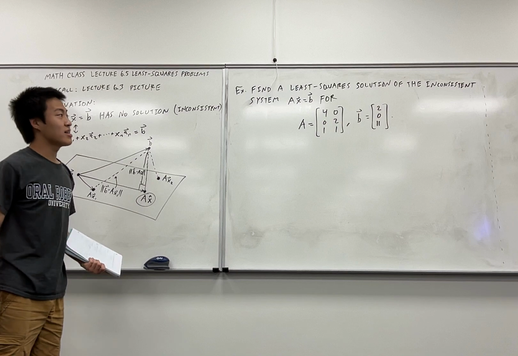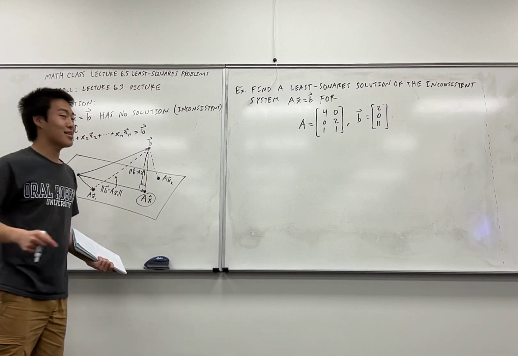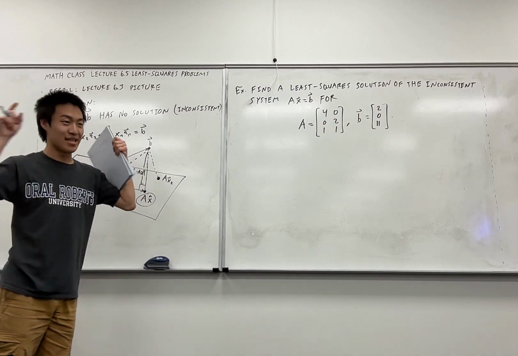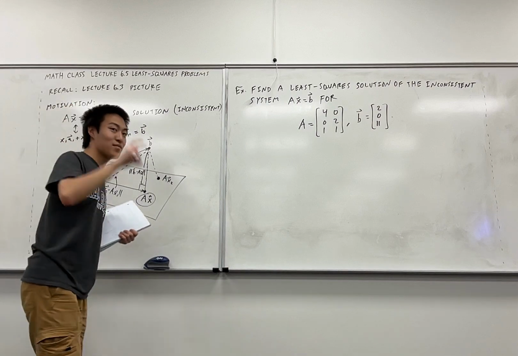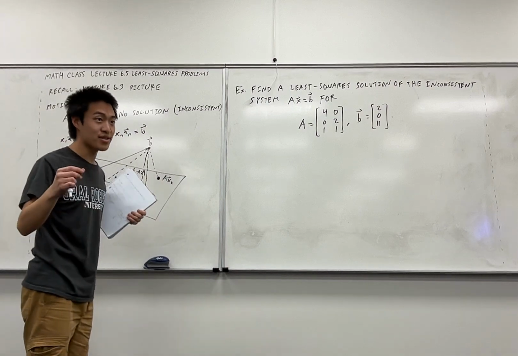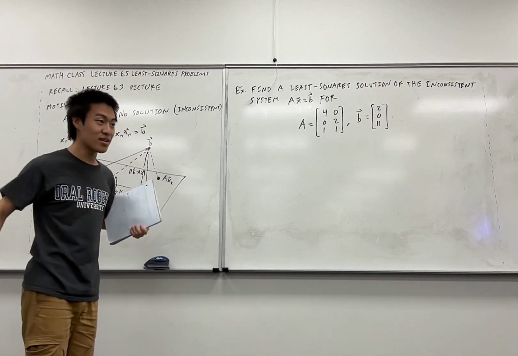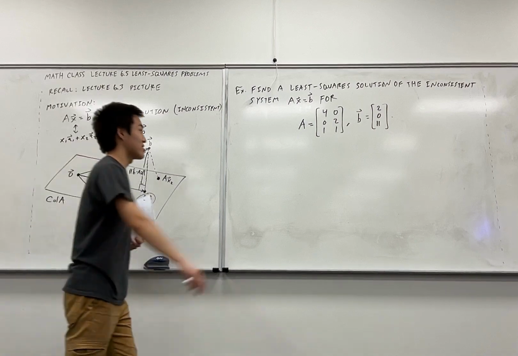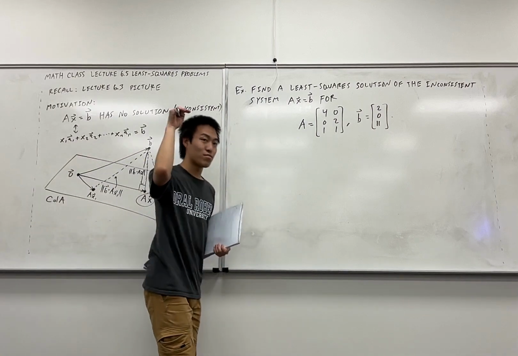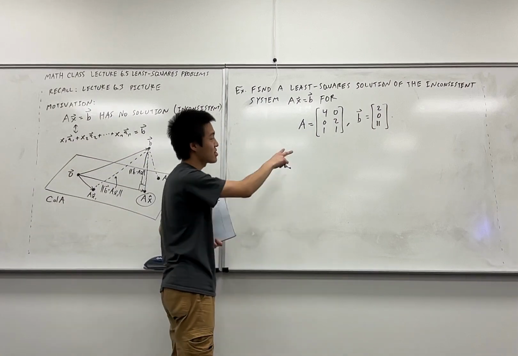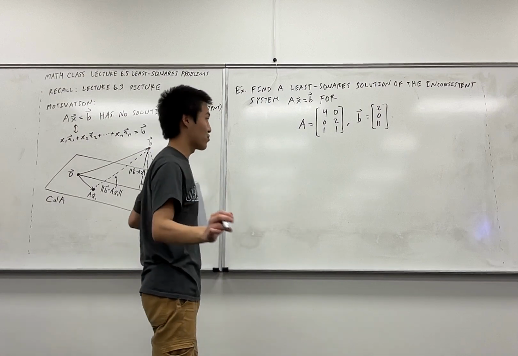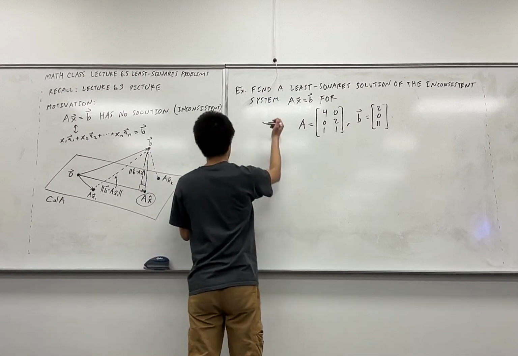You can already visualize, if I try to augment that, I'm going to have a square augmented matrix. That should already signal trouble, because if you're augmenting a matrix that's going to have solutions, you should not have it be a completely square thing, because that means that entire bottom row, if you try to row reduce down, you have issues. So this is not going to have any solutions. So we look for the least squares.